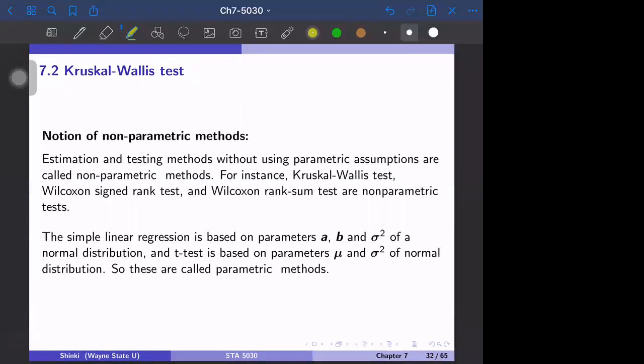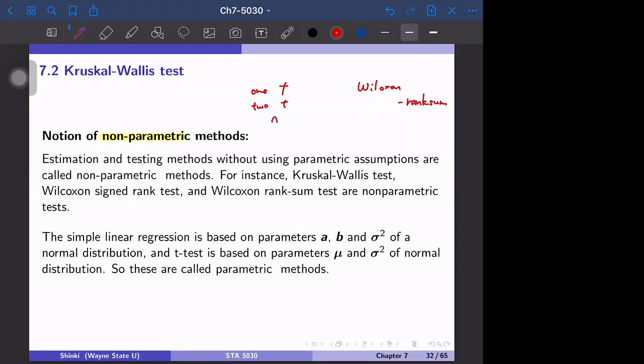And the notion of non-parametric methods. We have studied the t-test and also the Wilcoxon signed rank test. This is the one-sample t-test, and the two-sample t-test corresponds to the Wilcoxon rank sum test.